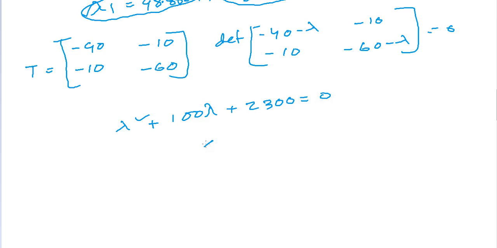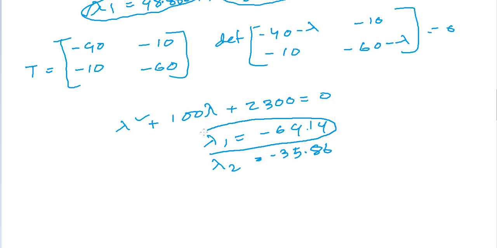From there we get alpha 1 equal to minus 64.14, and alpha 2 equal to minus 35.86. These are the principal stresses, we say, if we can prove that the corresponding eigenvectors are mutually perpendicular to each other.